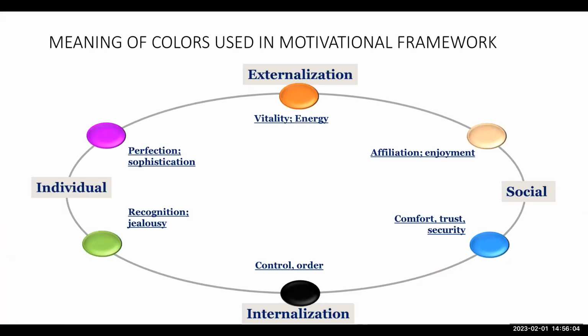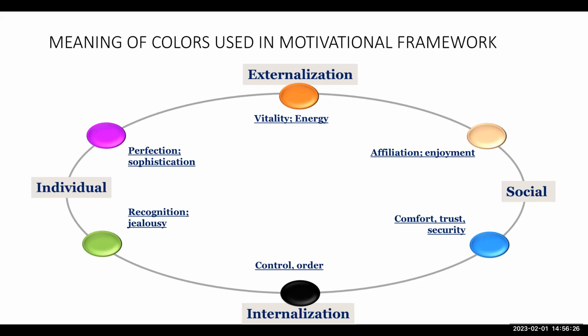So just to make it more relevant to marketing, this is one of the frameworks that we have used in most of our studies. If you've seen our presentations on all the category understanding, we've used this framework. If you look at this framework, all the colors that are there symbolize motivations.